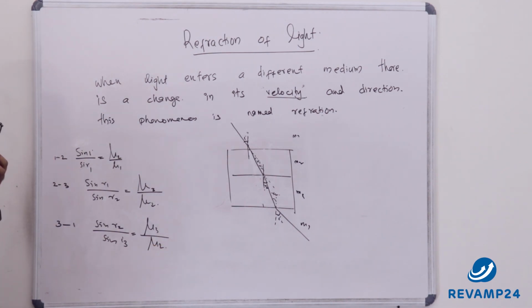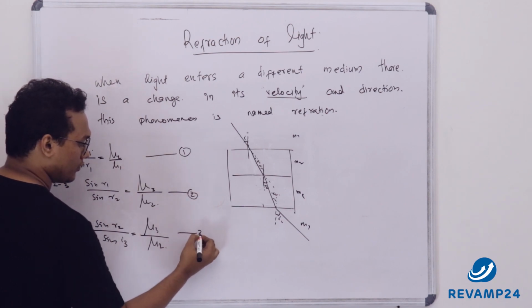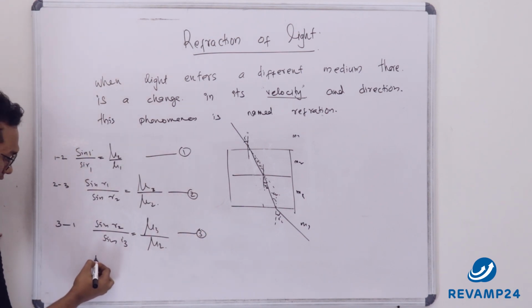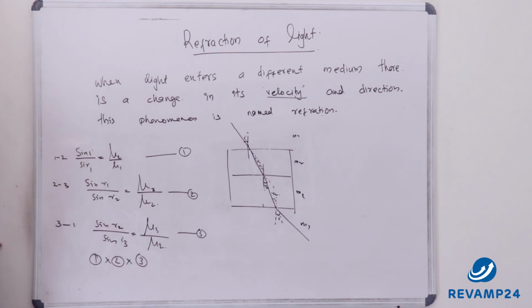Now what I am going to do is, this is equation number 1, equation number 2, equation number 3. On multiplying 1 with 2 and then with 3, I have one equation. So multiply these 3 together.